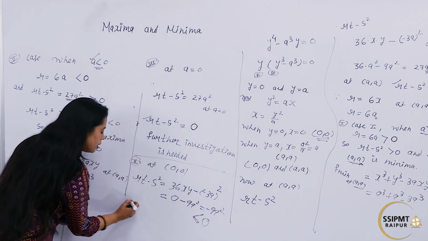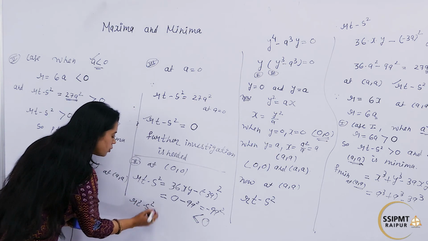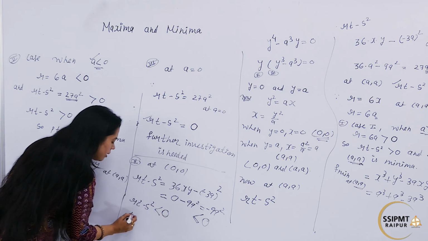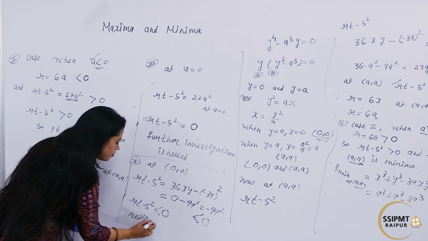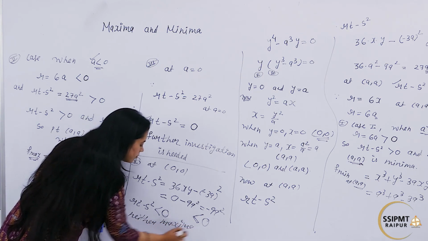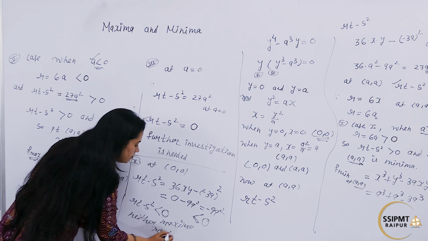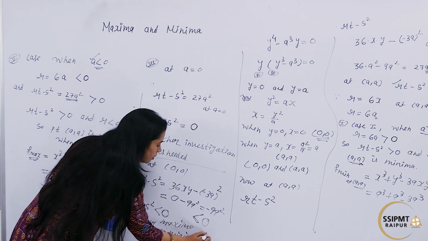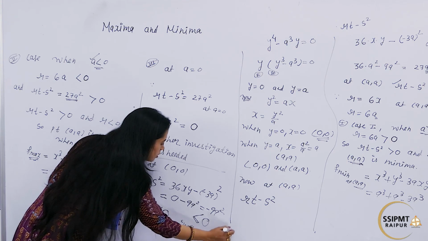So at this point rt minus s square is less than 0. So we have neither maxima nor minima at (0, 0).